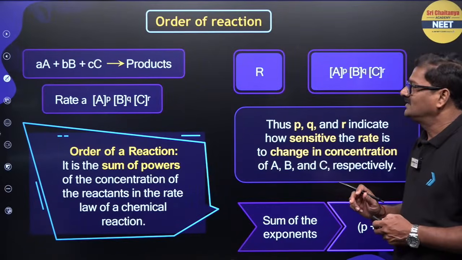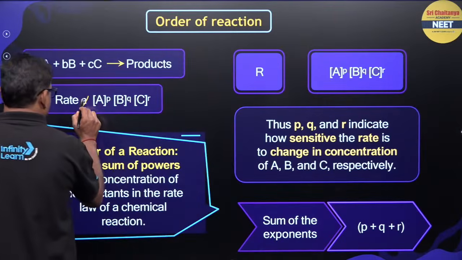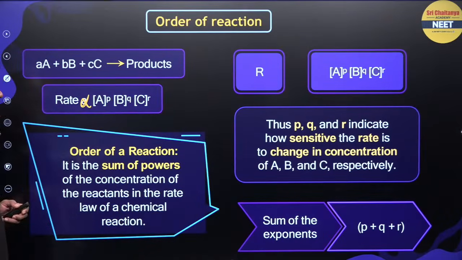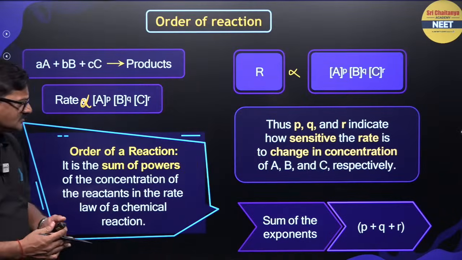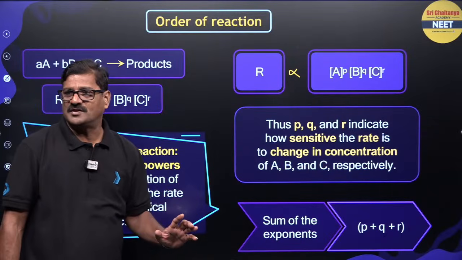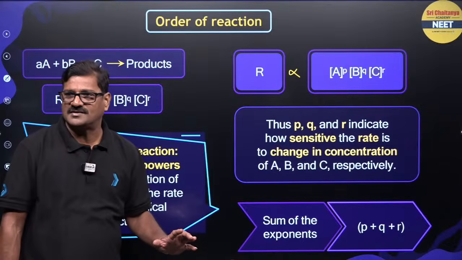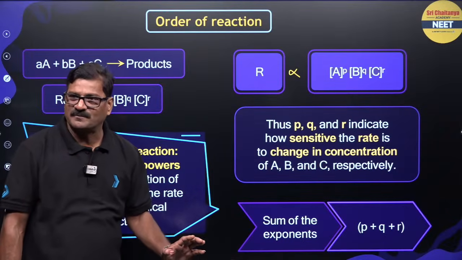The sum of the exponents p, q, r is said to be the overall reaction order, and order of a reaction is the sum of the powers.